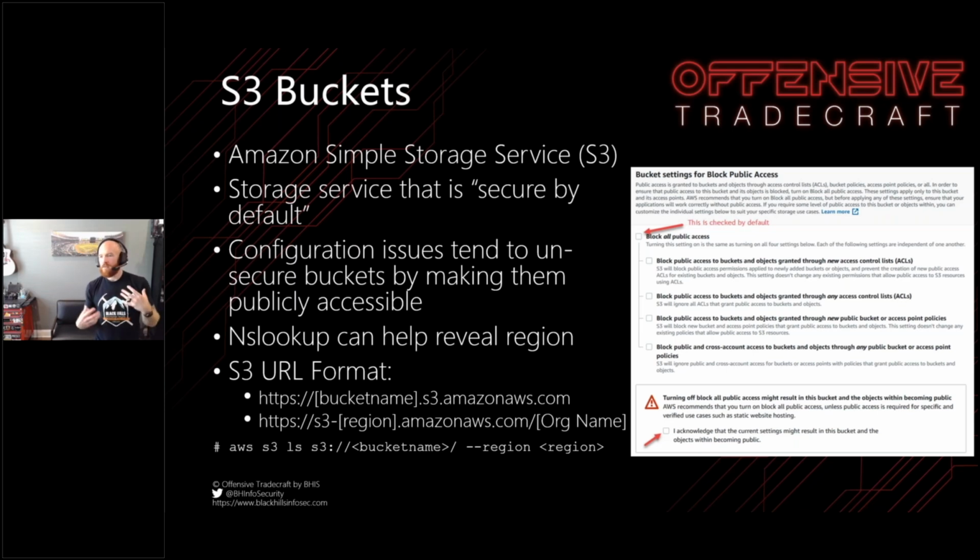Getting the web applications hosted might be part of the process, and hosting that data might be using S3 buckets, which might lead to these configuration issues. If you want to look up specific regions, a tool like nslookup can kind of help with that, but most of the time you don't really need to worry about the region anymore.